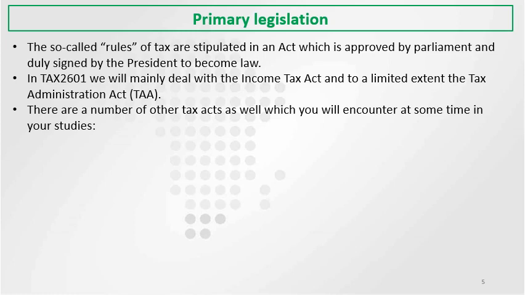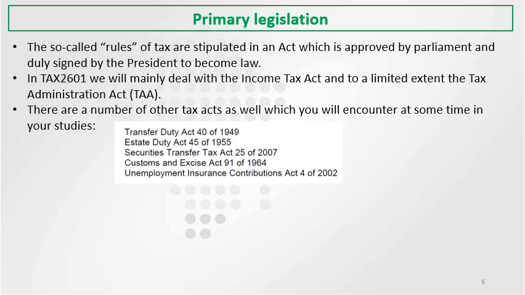There are a number of other tax acts as well, which you will encounter at some time in your tax studies. And here we mention a few. The Transfer Duty Act, when fixed property is transferred. Estate duty that comes in when a person passes away, etc.